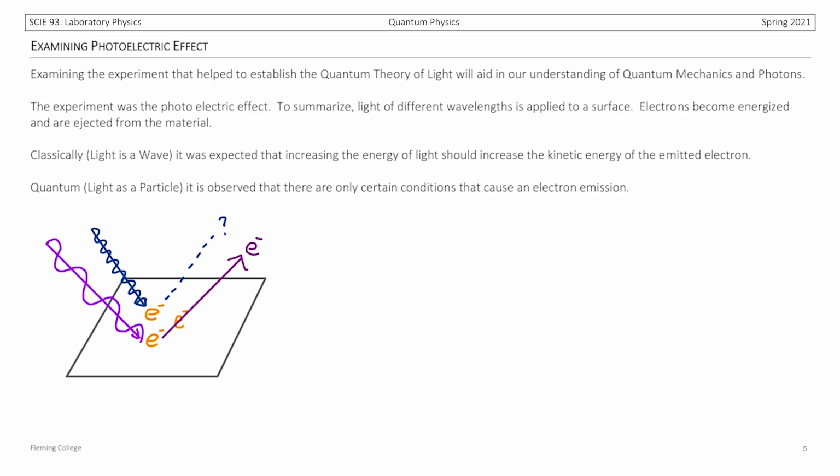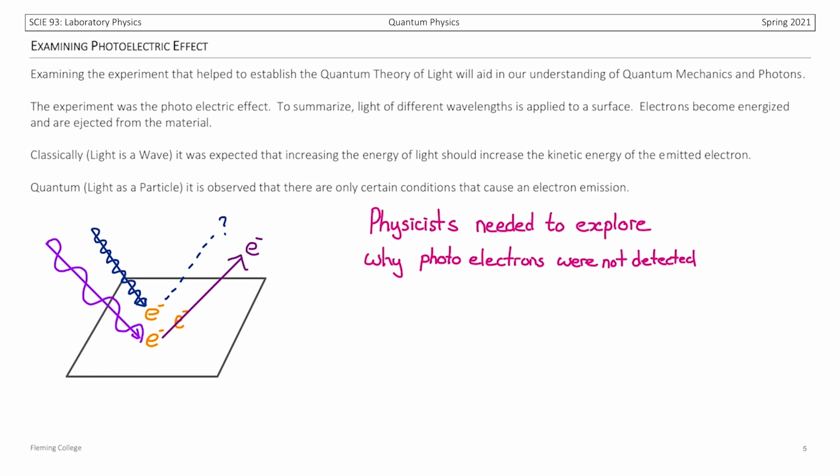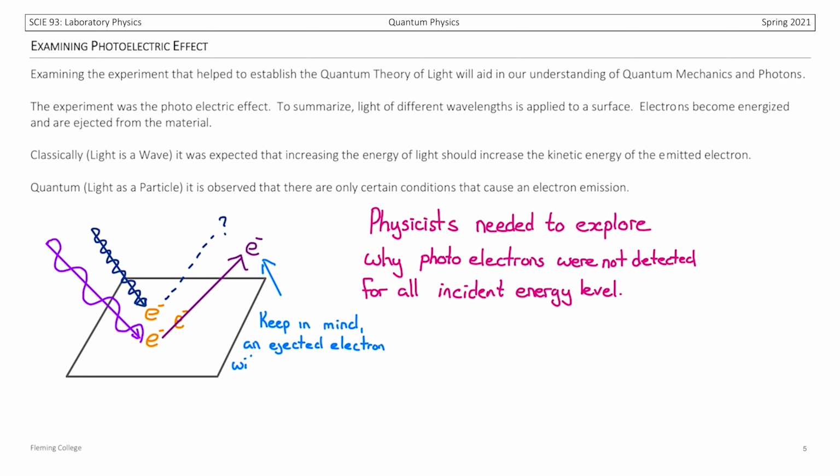This ejected electron is referred to as a photoelectron, and physicists really needed to dig into why this phenomenon happened, that electrons weren't ejected at all intensities, and that electrons weren't ejected with more and more kinetic energy as we increased the intensity. So keep in mind, this photoelectron, when it's ejected, has a mass. We saw that in our previous lectures, and it will have a velocity if it's ejected. So we're looking at the kinetic energy of the ejected photoelectrons.